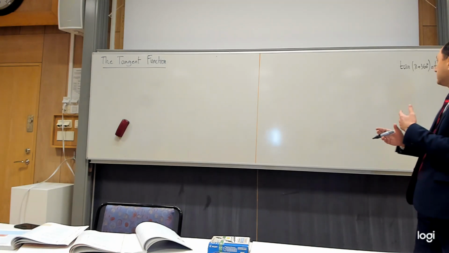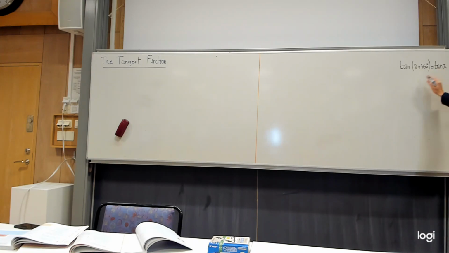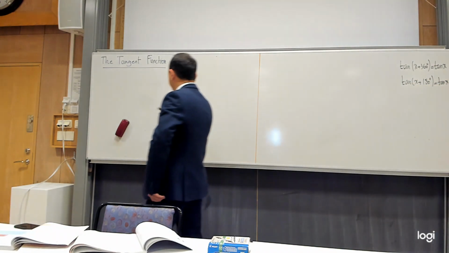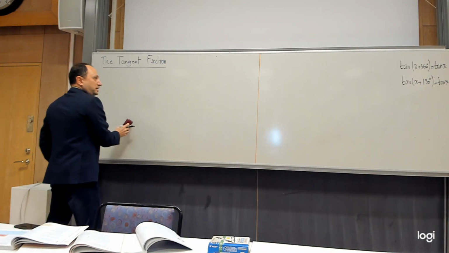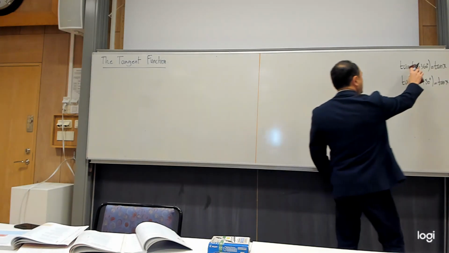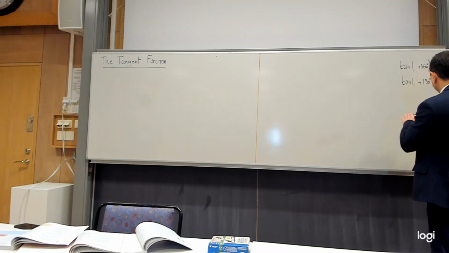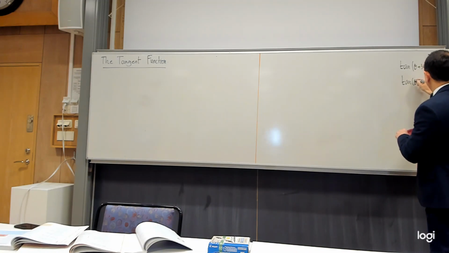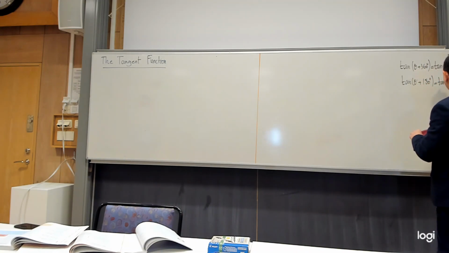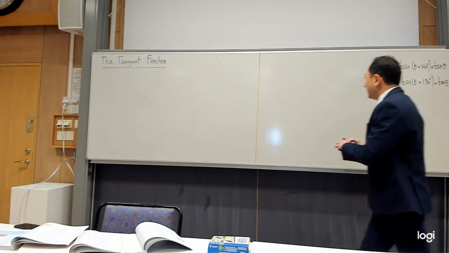Okay, so the tangent of theta plus 360 is correct, but theta plus 180 is also correct. Why is that? By the way, let me change the letter from x to theta so that you're not confused. In functions we usually use x, but in trigonometry I will switch later. So why is that the case?